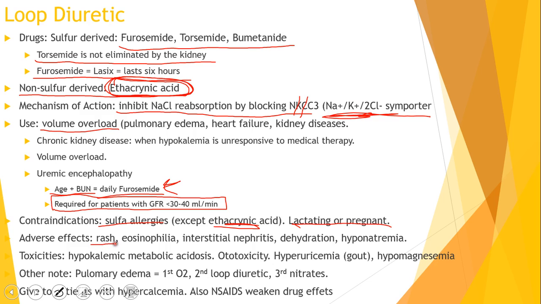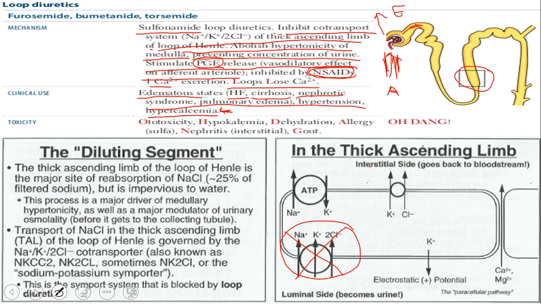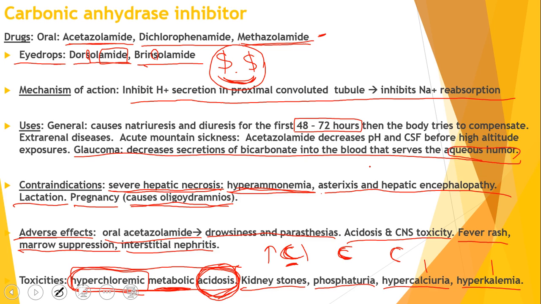Adverse effects includes rash, eosinophilia, interstitial nephritis, dehydration, hyponatremia. Toxicities are going to include hypokalemic metabolic acidosis. So hypokalemic, low potassium. Metabolic in both of these two, and then acidosis. For some reason earlier I think I had alkalosis, so I think that might actually be a mistake. Let me double check that real quickly. I want to catch mistakes so we don't make them here.